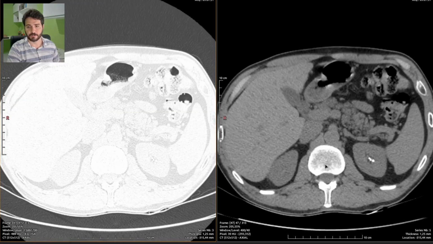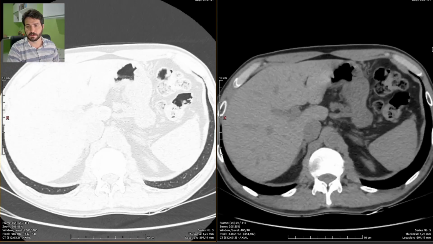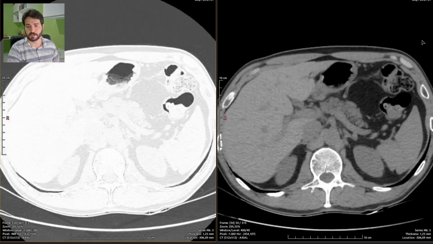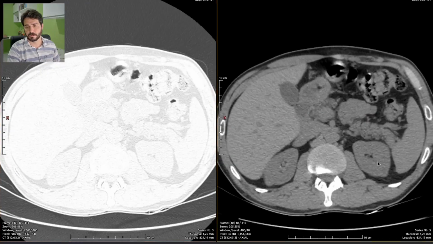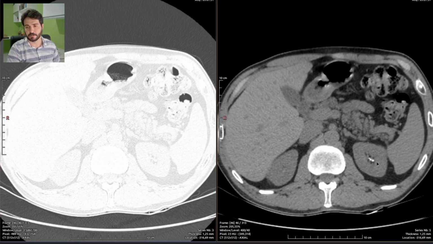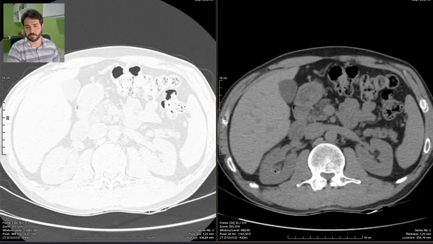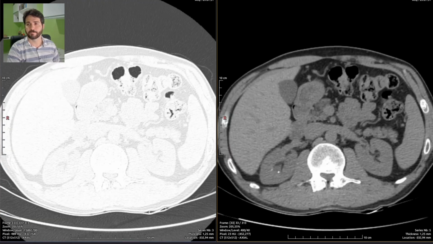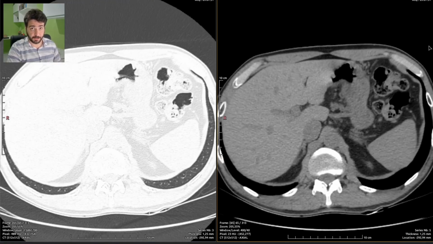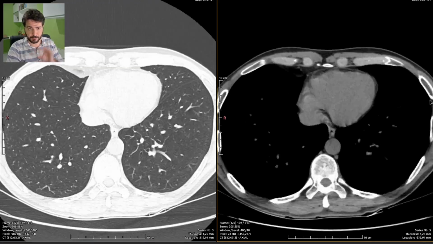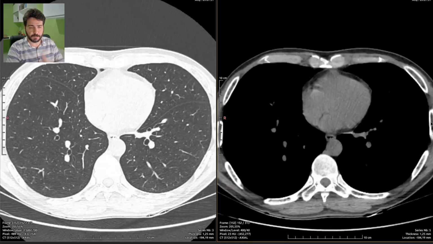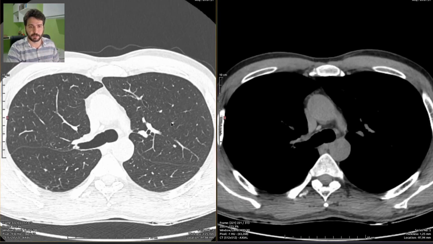There are a bunch of kidney stones, but this isn't an abdominal CT scan, but still, kidney stones all over the place, bilateral kidney stones. This is a chest CT scan. Just focus on what's important.